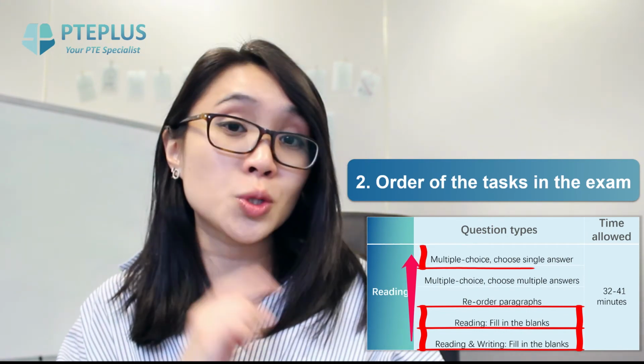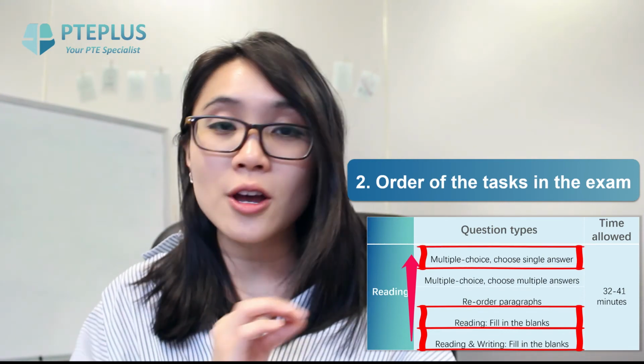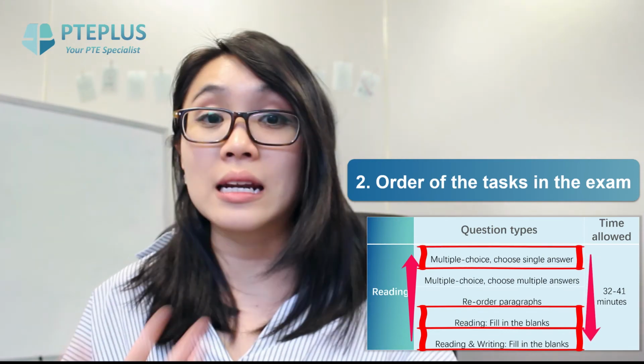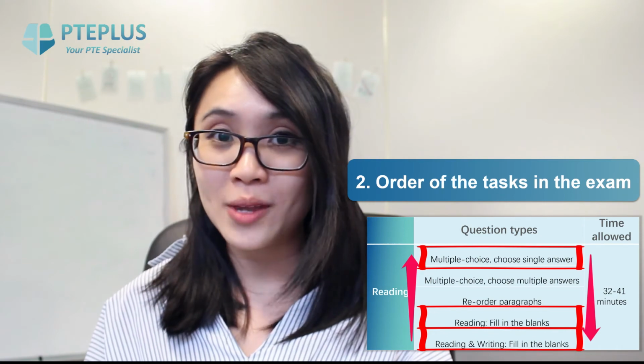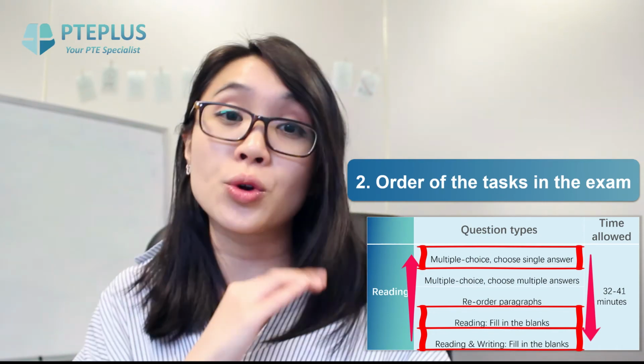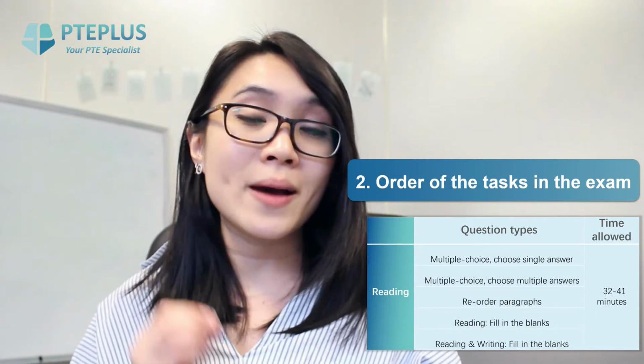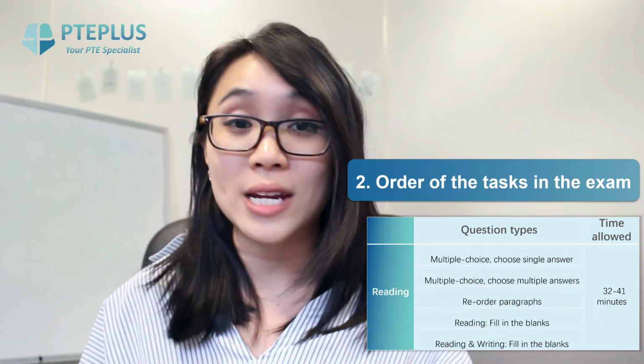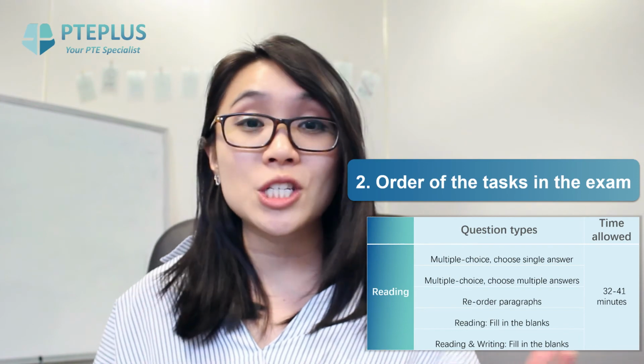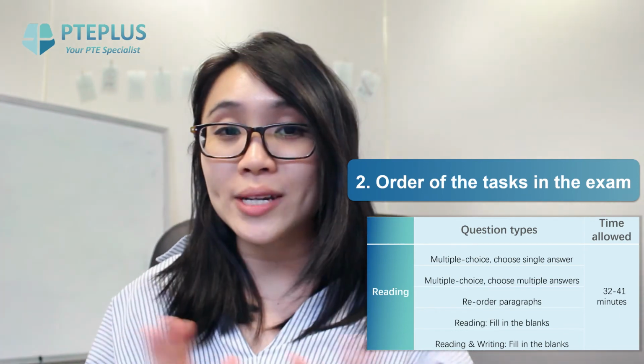And then the multiple choice choose single answer swaps down to become the last question type that you do. So that's also a very common ordering of question types that you could face in the exam. So keep in mind this unique part about the reading section of the exam, which is that the question types don't necessarily have a fixed order.